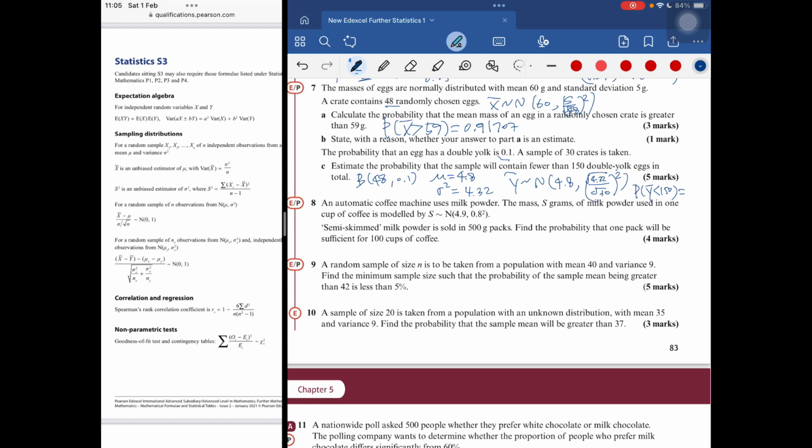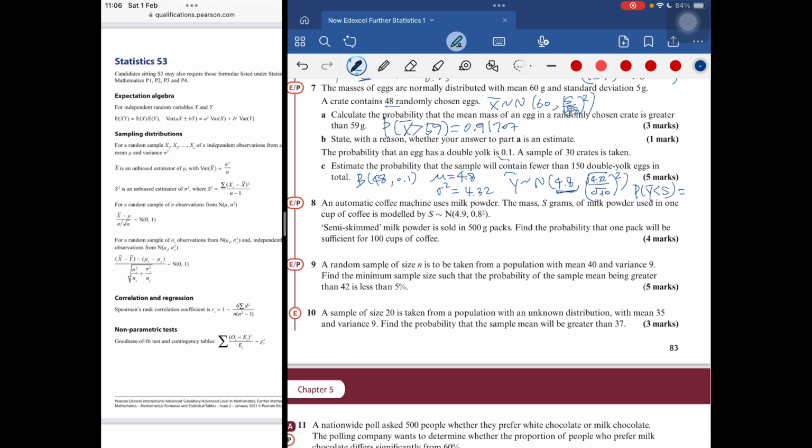No, again, because the sample is 30, each of them may have mean 5. If this is 4.8, then we can say each of them has a mean of about 5.